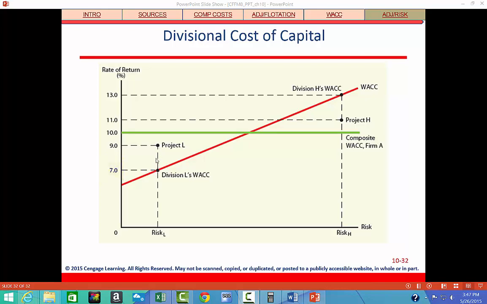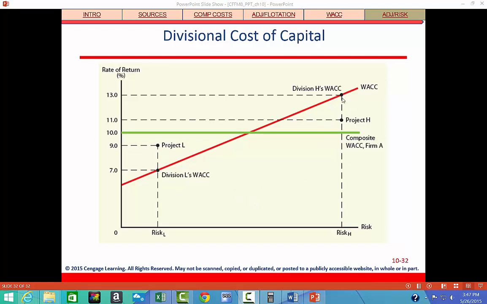And Project L that it's considering would generate a return of 9%. So if they were using that 10% overall composite weighted average cost of capital and they saw that Project L returned 9%, they would reject it. But the correct way would be to base it on the 7% Division L weighted average cost of capital. And in that case, they would see that 9 is greater than 7 and they would accept the project.